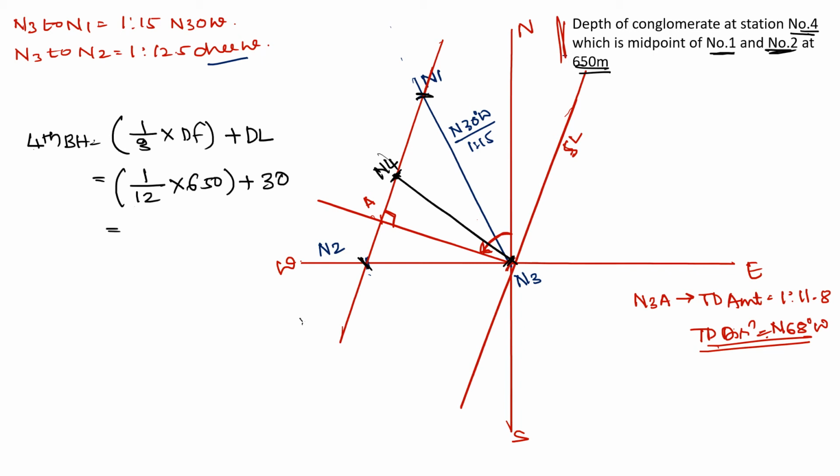If you calculate, you will get 84.16 meters. The depth of the fourth borehole is 84.16 meters. This is your final answer. So by this way we completed sub questions 1 and 2 of problem number 3.